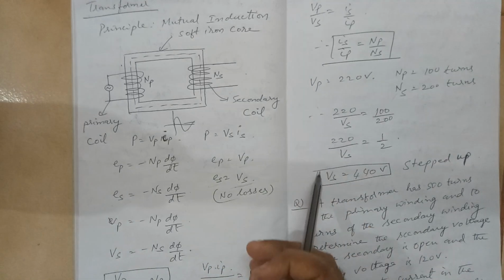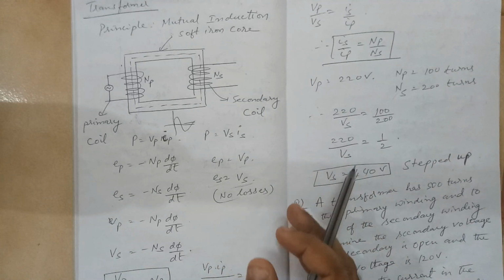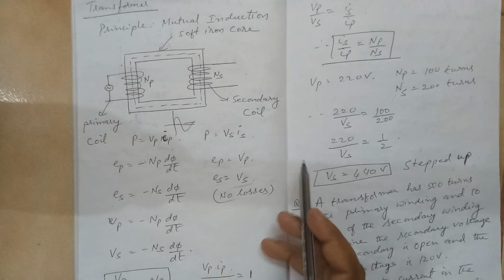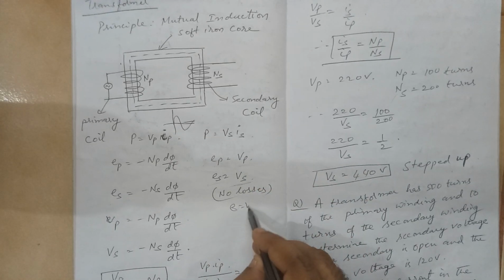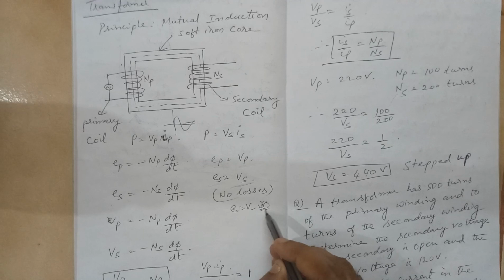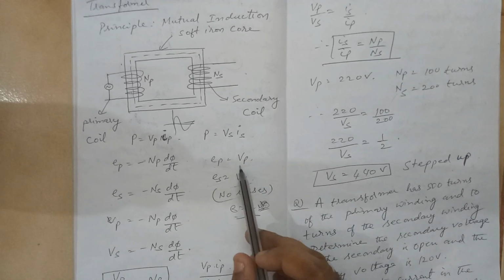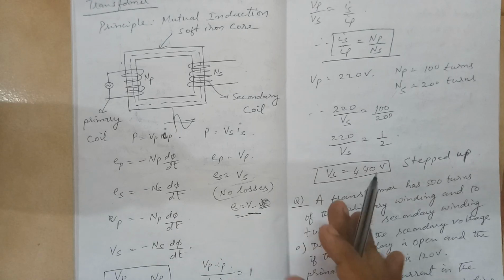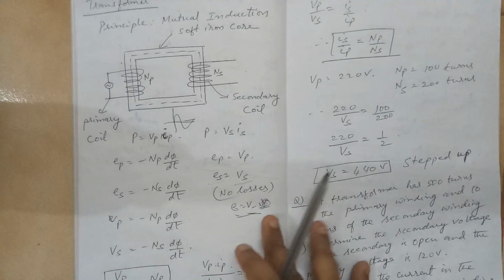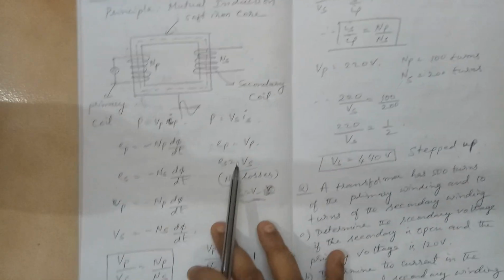In the ideal case, internal resistance is equal to 0, then your E will become V, right? E is equal to V minus IR, remember? So if the ideal case is there, this is 0, then E becomes equal to V. The same thing I'm talking about here. You can imagine it like that.